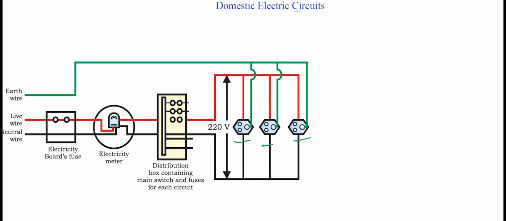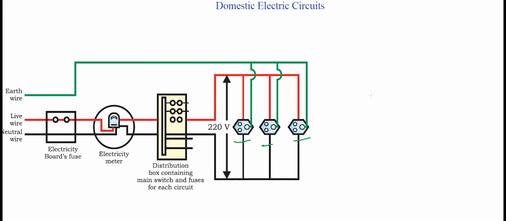When a large amount of current is flowing because the live wire and neutral wire come into contact through a low resistance path, such a phenomenon is known as short circuiting. It can also happen accidentally, like a spike in supply voltage.